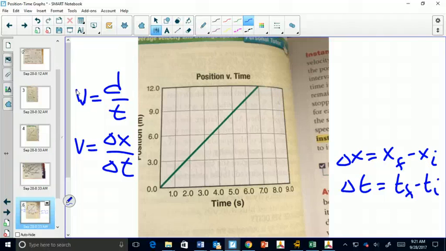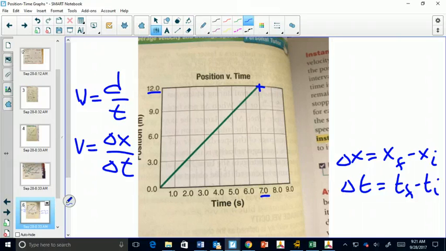So let's look at our graph here. How fast is this person going? Okay, so we take a spot where it crosses, right? So 12 meters in 7 seconds. Can we do that math? Just dividing, right?